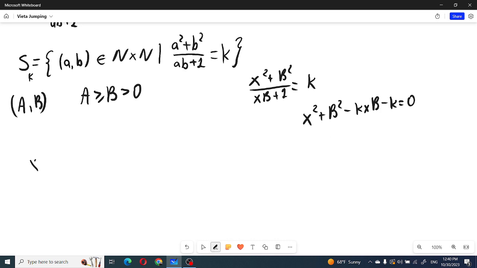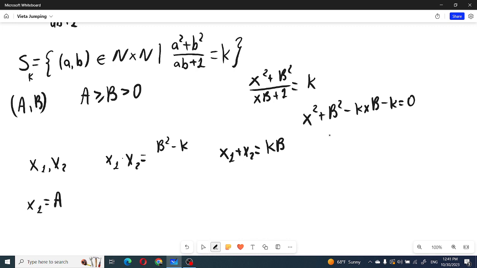If we know that x1 and x2 are roots of this equation, then x1 times x2 must be b squared minus k, and x1 plus x2 must be k times b. Now we know that a is one of the solutions, so let's assume that x1 equals a.